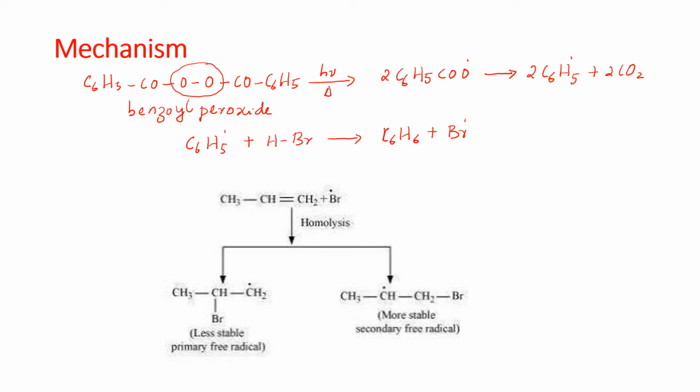And in the second step, this free radical in presence of HBr, we get CH3CH2CH2Br plus another bromine radical. And this is 1-bromopropane, which is the major product.